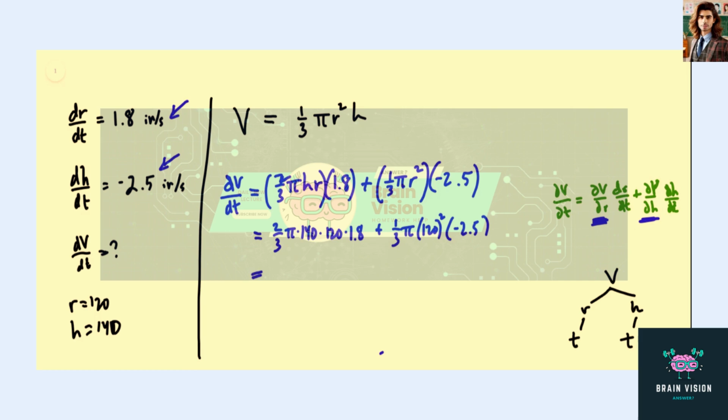So at this point, this is one for the calculator. Just to make our math a little easier, let's factor out our pi and the 3. We could do some other things too, but let's not get too fancy. Let's just compute what we've got here. What's left? We have 2 times 140 times 120 times 1.8.